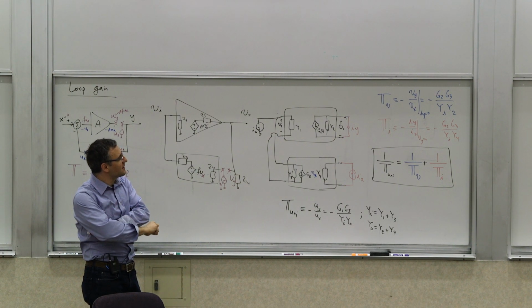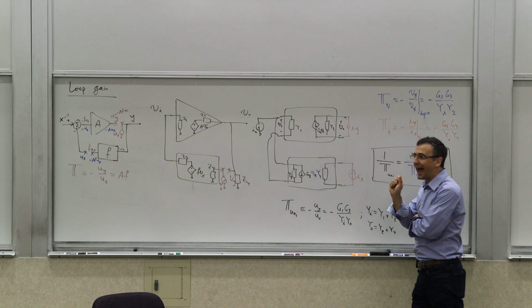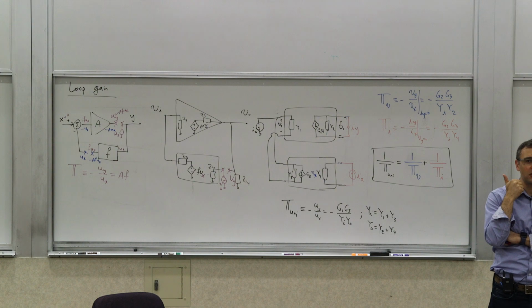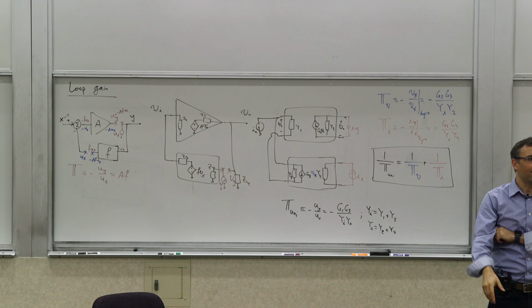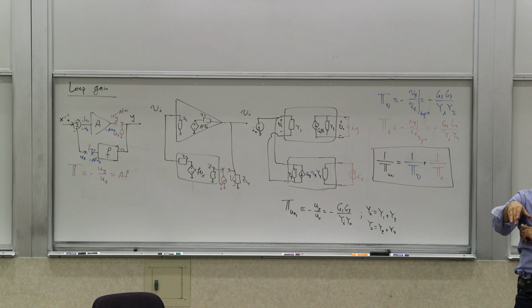So what you see here is that the interesting thing is that it says you can calculate your unilateral loop gain if you calculate your current loop gain and voltage loop gain independently, and you don't have to worry about the loading. You don't have to worry about what the loading was for this port and that port. You can break the loop anywhere you want, as long as you do these two calculations. There are two calculations, but you don't have to worry about anything else.